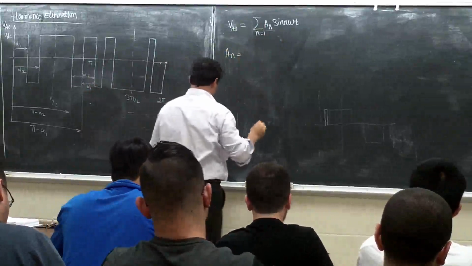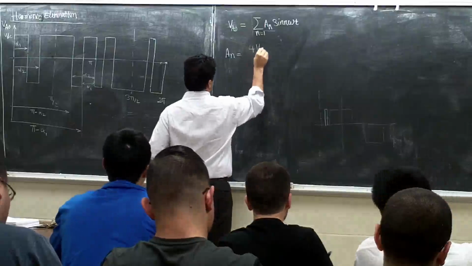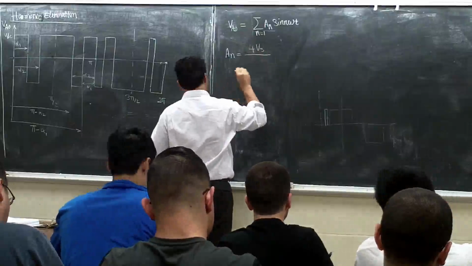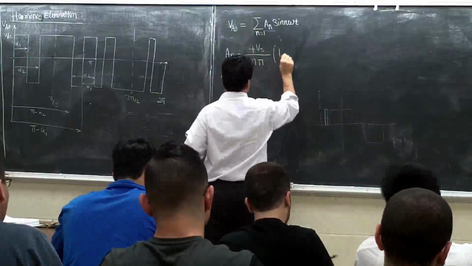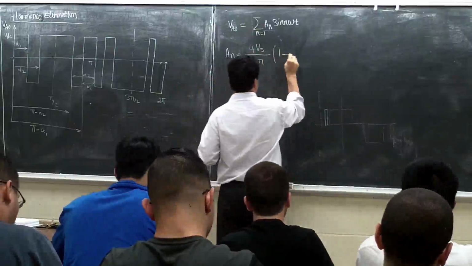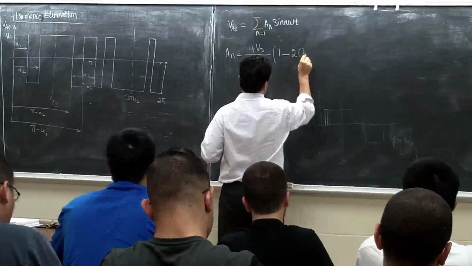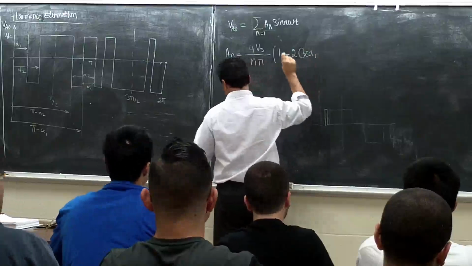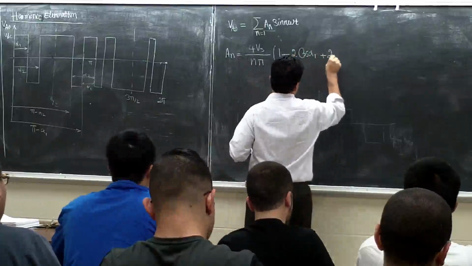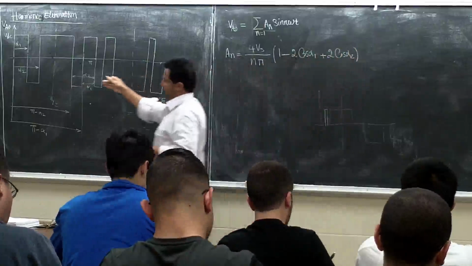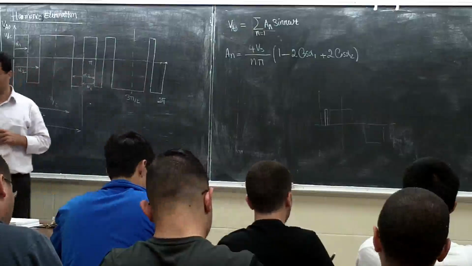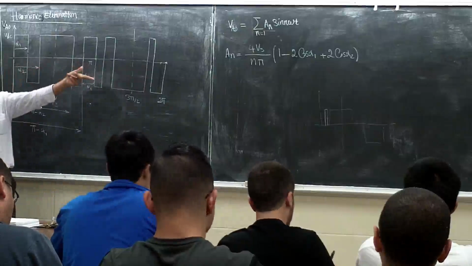An is equal to 4 Vs over n pi times 1 minus 2 cosine of alpha 1 plus 2 cosine of alpha 2. So for this case we are done because we have alpha 1 and alpha 2, right? For this case we have only 2.